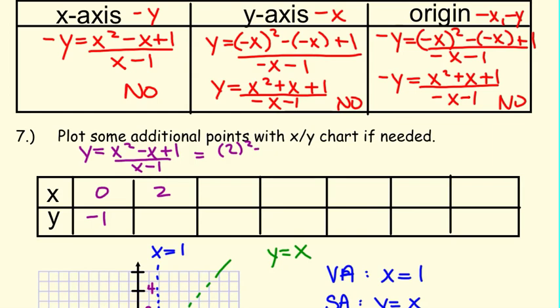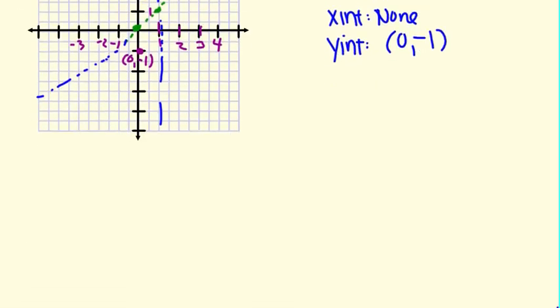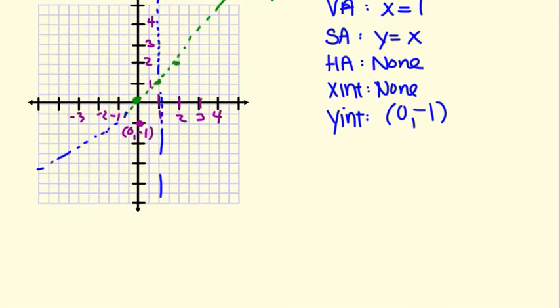So 2 squared minus 2 plus 1 over 2 minus 1. PEMDAS, 4 minus 2 plus 1 over 1. 4 minus 2 is 2, plus 1 is 3, over 1 is 3. So over 2, up 3.